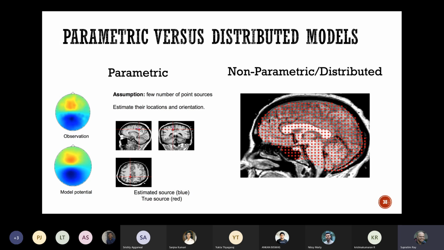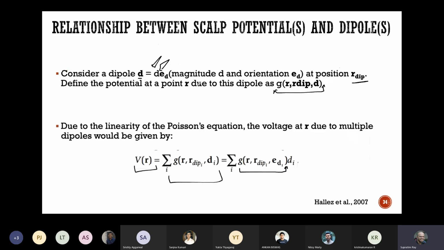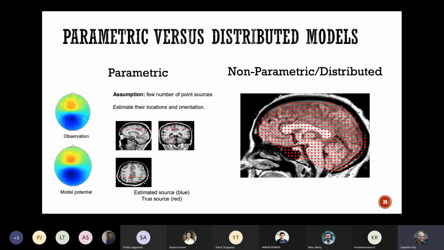So if I put a unit dipole here, I can do all the math that I talked about. Once I specify a head model, I can actually compute the estimated potential at any point.